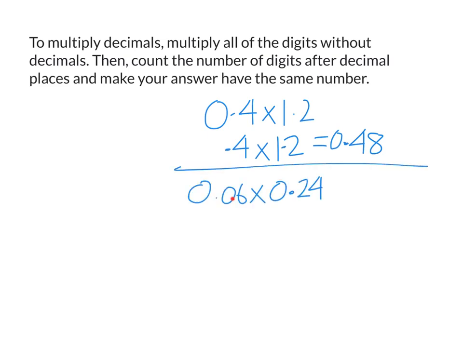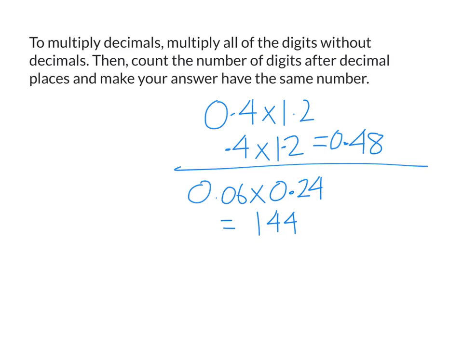So let's say I have 0.06 times 0.24. So what I do is I multiply the numbers without the decimal point. So I go 6 times 24. So that actually gives me 144. So the number of digits after the decimal point, 1, 2, 3, 4. I only have 3 digits.